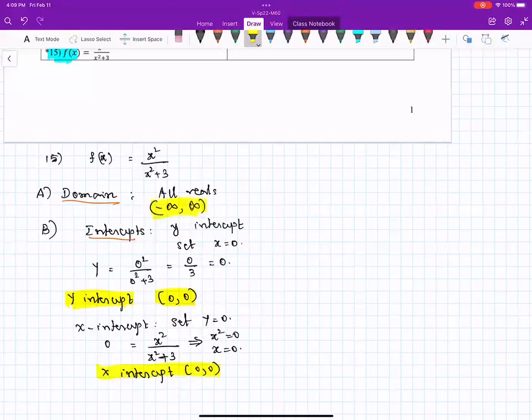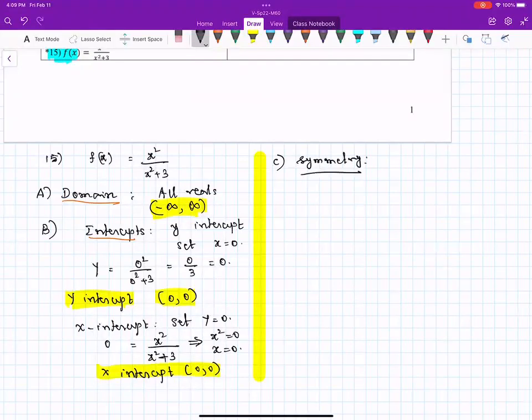We know that all reals is the domain, and we have found the x-intercept and the y-intercept. Next, according to the guidelines, we have to find the symmetry, which means whether the graph is symmetric with respect to the y-axis, the x-axis, or the origin.